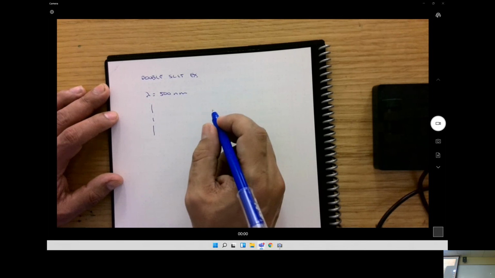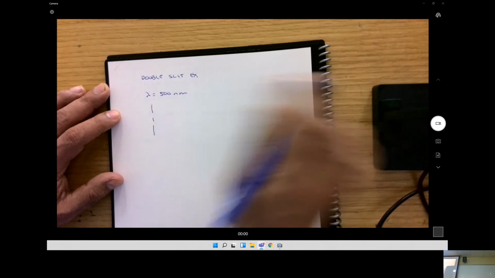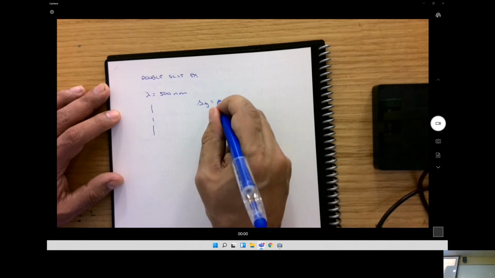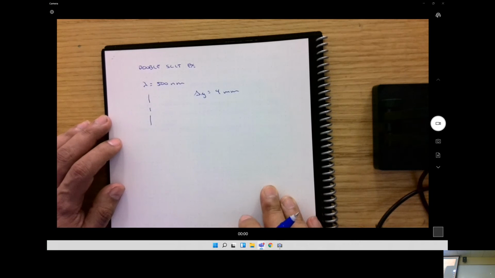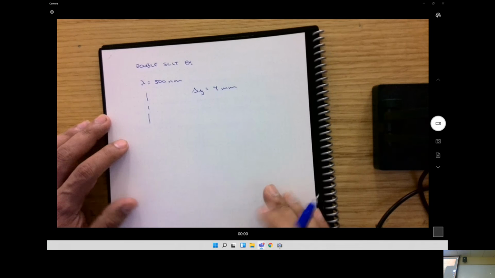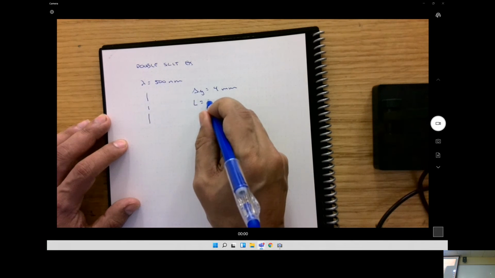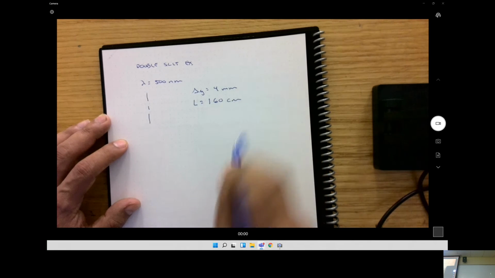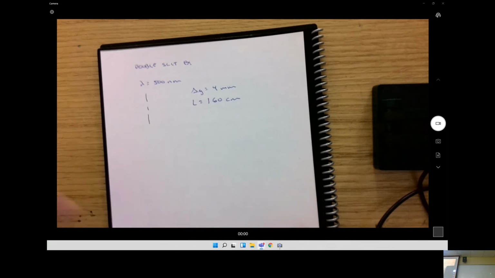The fringes on the screen are separated by a distance of 4 millimeters. The screen is 160 centimeters away. And what I want to find out is the distance between the slits.